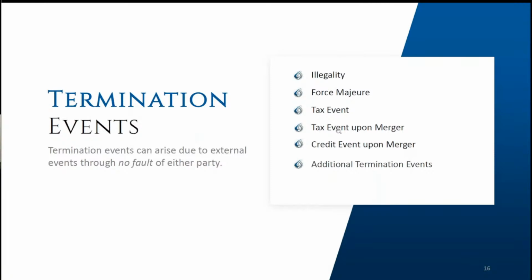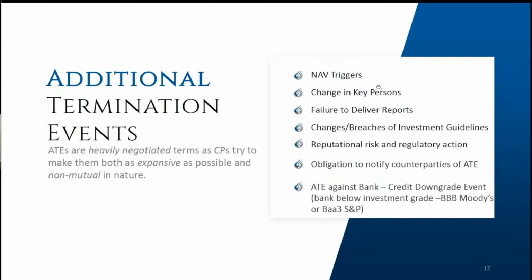The additional termination events are really things that in some ways have gone wrong at the fund or warning signs of things that may go bad at a fund. So the counterparties, the banks, will put these in and will really try and stack the deck here to give themselves more outs where these events have occurred against the fund.